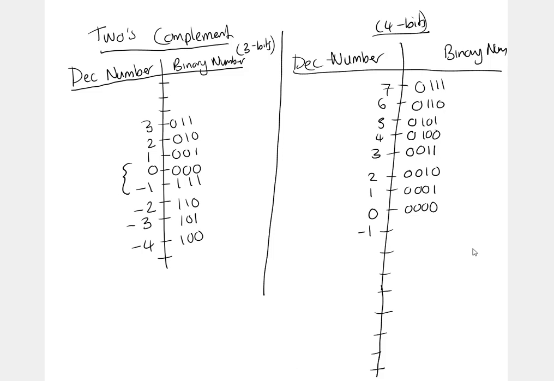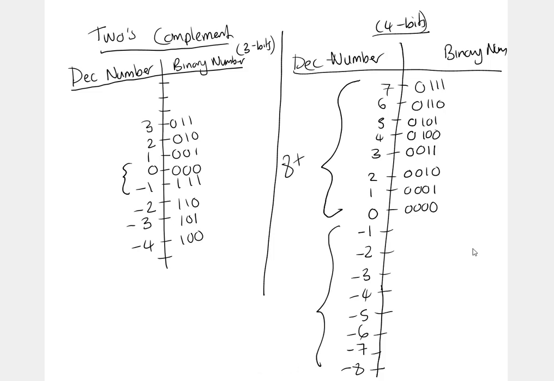Okay, then you have -1, -2, -3, -4, -5, -6, -7, and -8. Notice that there's an equal number. There's 8 of these positive numbers, including 0, and there are 8 negative numbers.